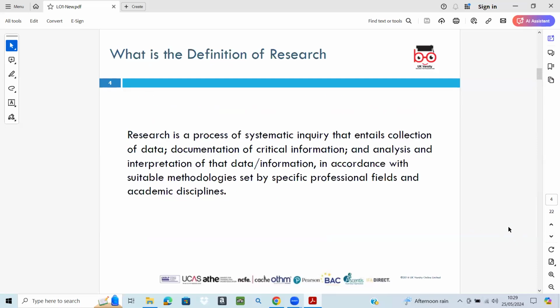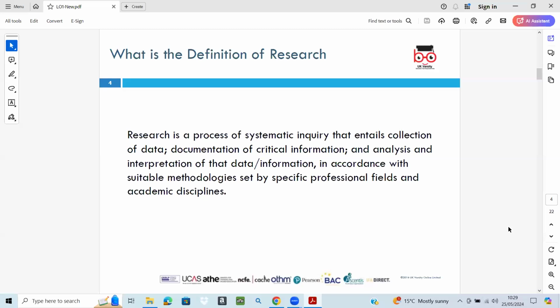Okay. So now we have to discuss the definition of research. We can say that research is a process of systematic inquiry that involves collection of data, documentation of critical information, and analysis and interpretation of that data or information.